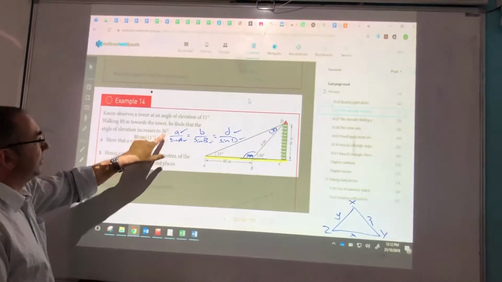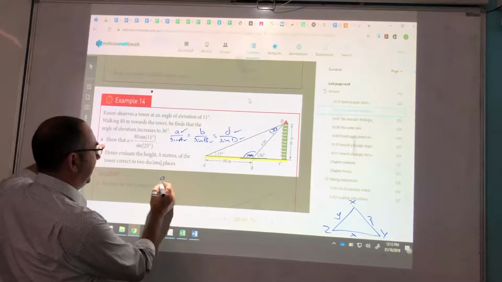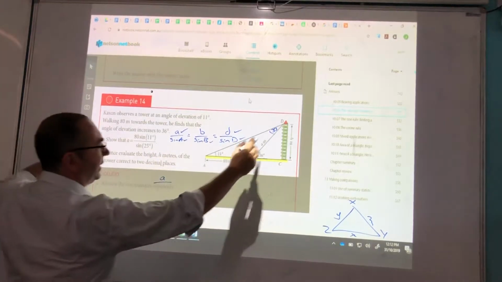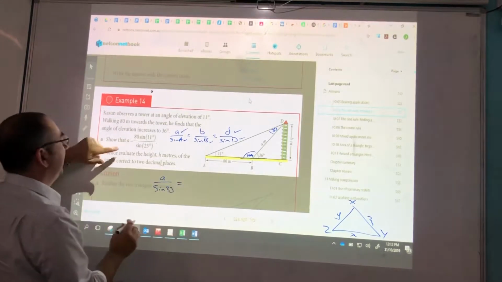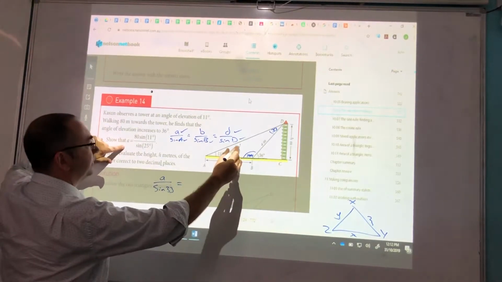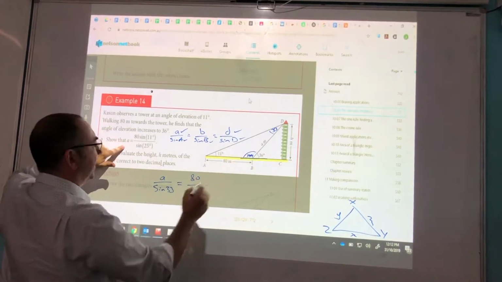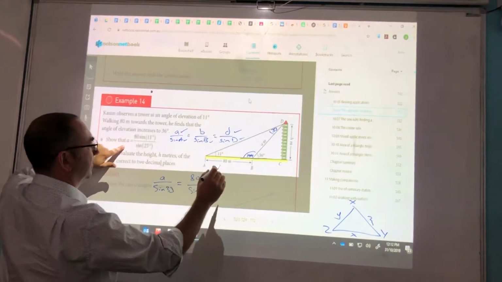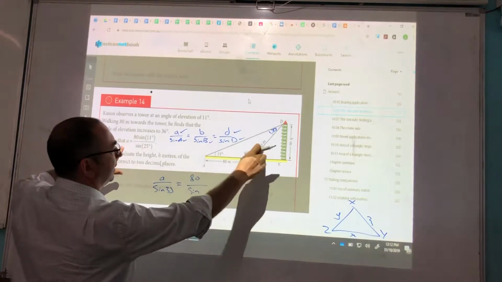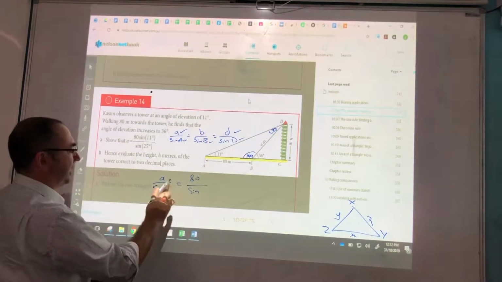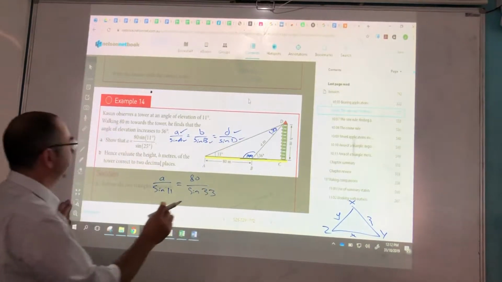So if we go A, which is what we're trying to find out, so A over sine A, sine A is actually sine 11, is going to be equal to 80 over sine 33.